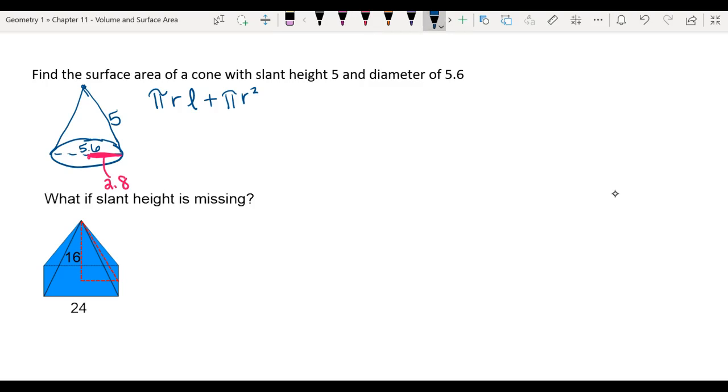And now we're going to plug in our numbers. Pi changes to 3.14. So I have 3.14 times 2.8 times 5. Remember that L is your slant height. Plus 3.14 times 2.8 squared.